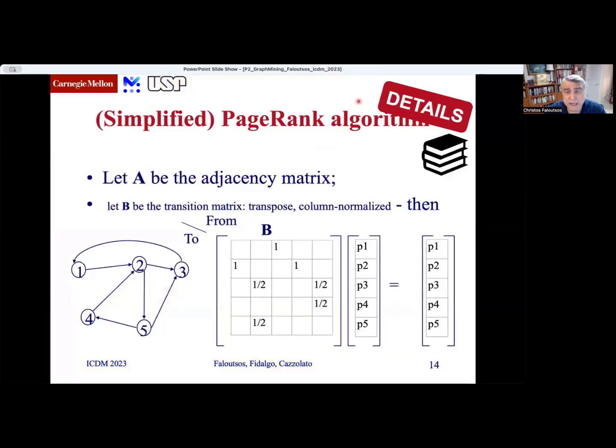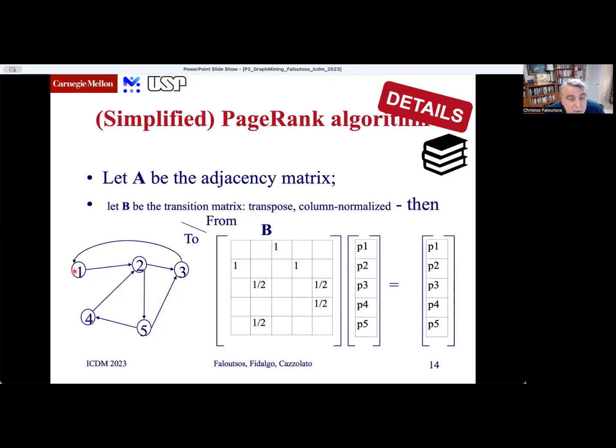We're getting into details, but here is an arithmetic example. Suppose we have this graph where nodes point to each other. The adjacency matrix of this graph is not shown here, but if we do the transition matrix, which is the adjacency matrix column normalized and transposed, this will tell us, if we are on node 1, what are the chances we'll go to any other node?